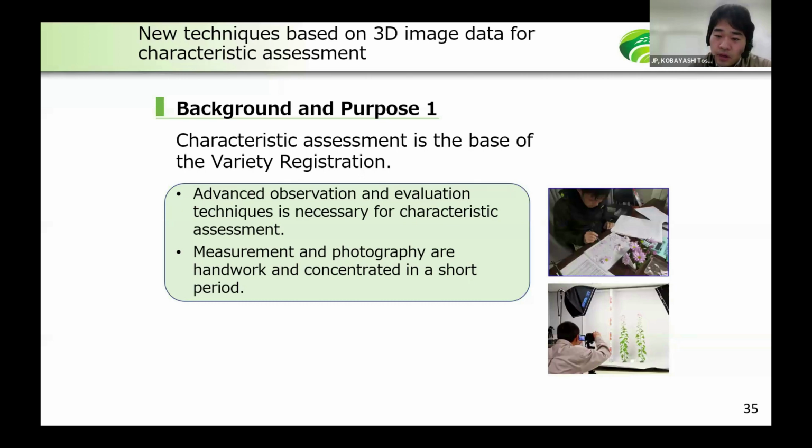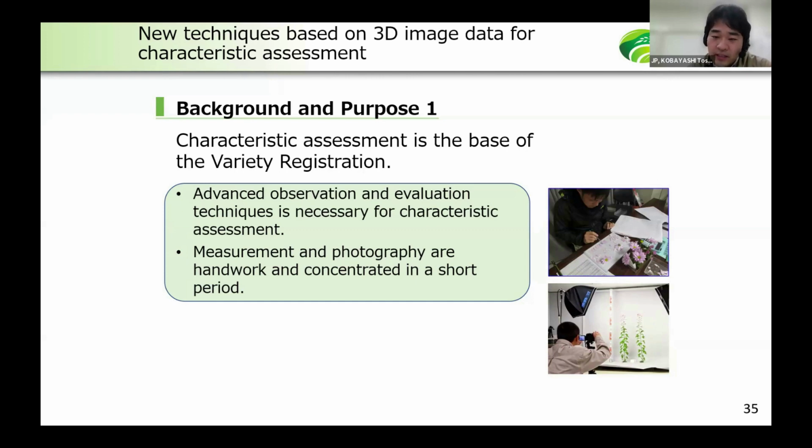So, okay. First, let me explain the background and purpose of our attempt. The characteristic assessment conducted by NCSS is the basis of the plant variety registration system in Japan. And the result of these assessments are used to judge whether or not the candidate variety can be registered as a new variety.